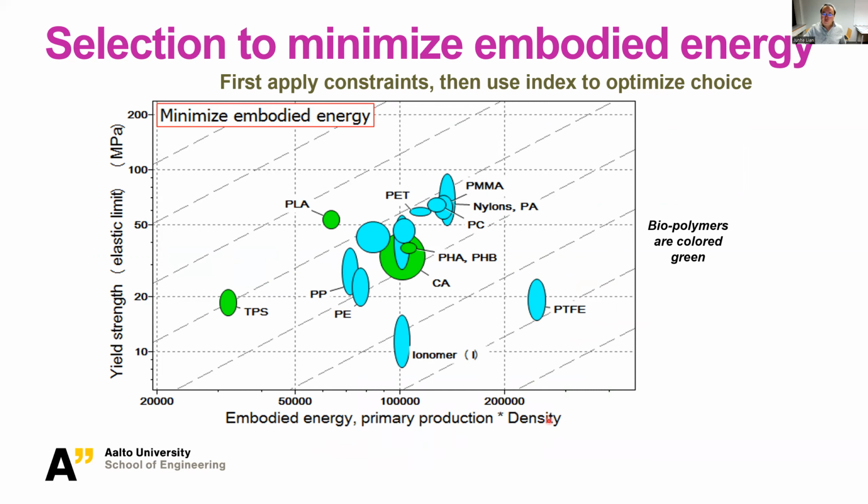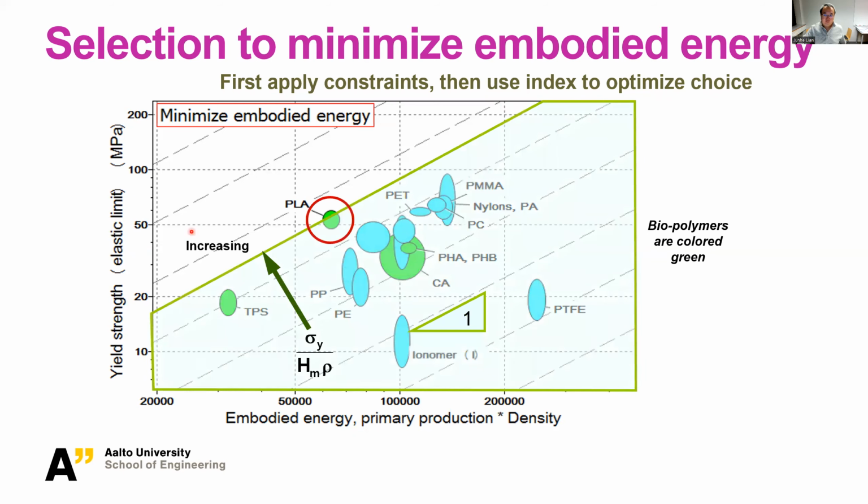You take the x-axis as embodied energy times density, and the y-axis as the yield strength. And then we're basically looking for a maximum. You can see here the best material for this minimized embodied energy is PLA.